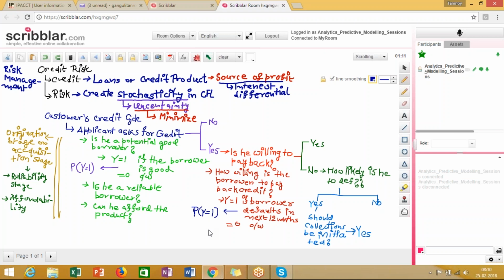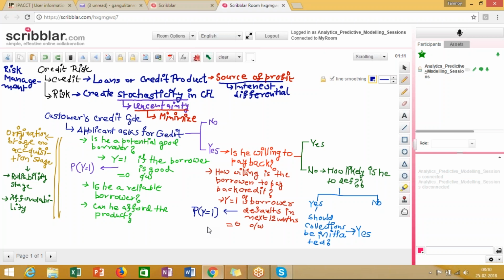So based on this, this is a behavioral default model. Default models are mostly behavioral models. And at this stage, this is known as the behavioral stage or the account management stage, right?